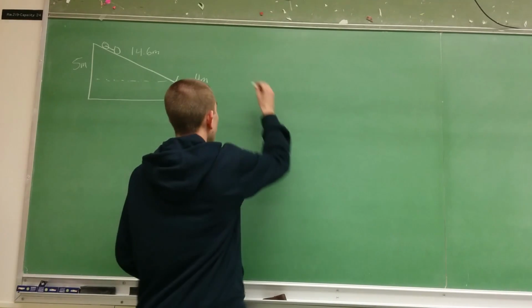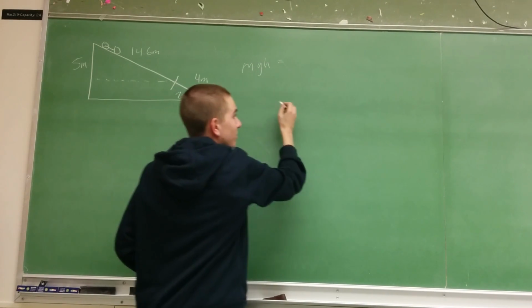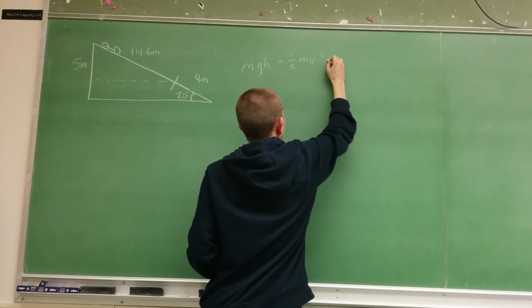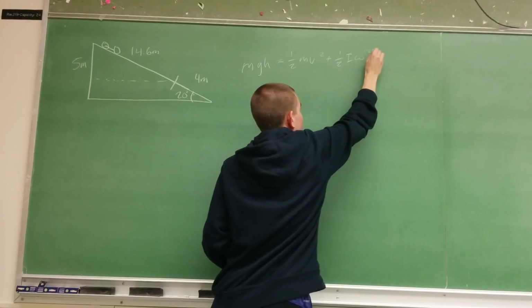So we can write mgh is equal to 1/2 mv squared plus 1/2 I omega squared.